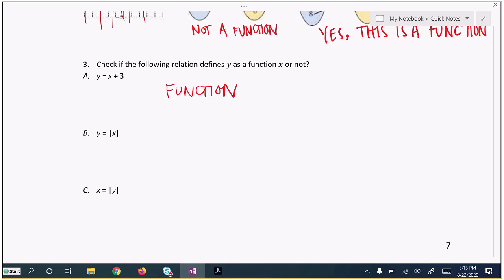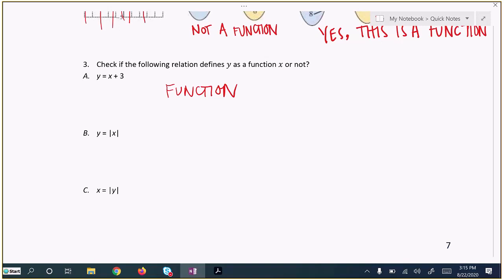So let's think about b, y is equal to absolute value of x. So if I put in an x and it's positive, say x is equal to 3, then I know that the absolute value gives me y equals 3. If I put in x equals -3, then absolute value gives me still y equals +3.